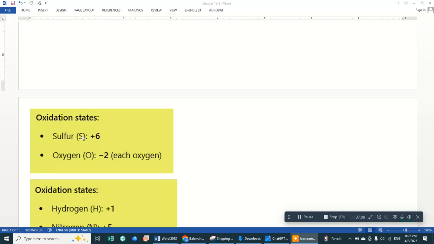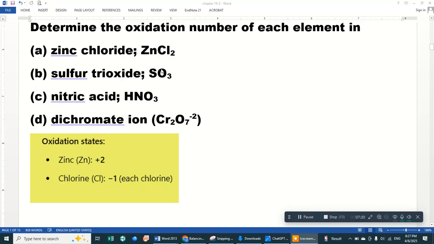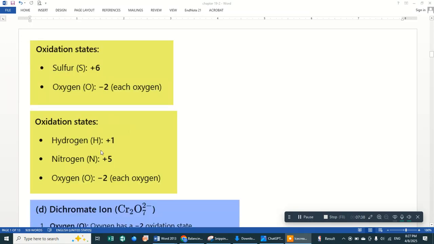For elements which have a variable oxidation state, we can determine it using the elements which have a common, well-known oxidation state. For example, oxygen is -2. In sulfur trioxide, one oxygen is -2, three oxygens are -6, and +6 balances it. So sulfur has the +6 oxidation state.